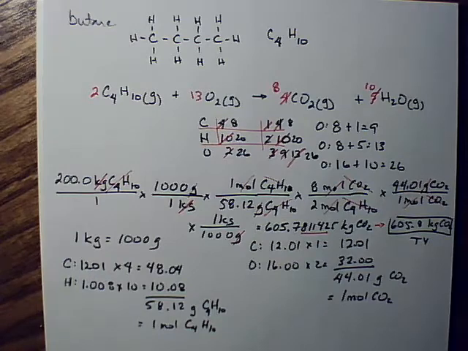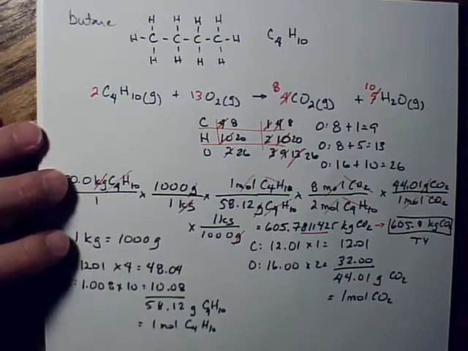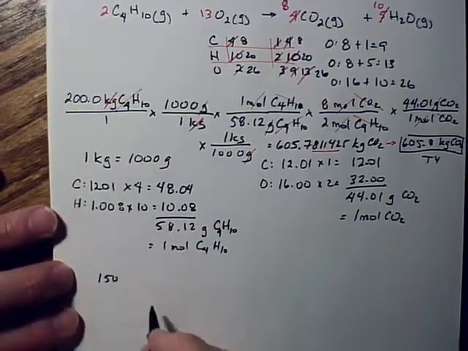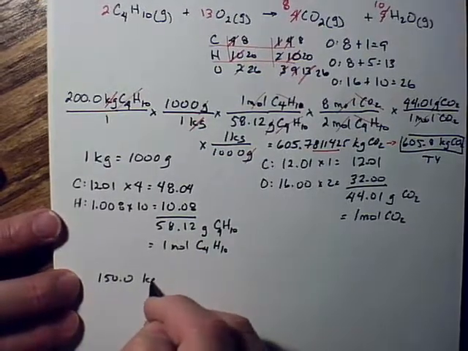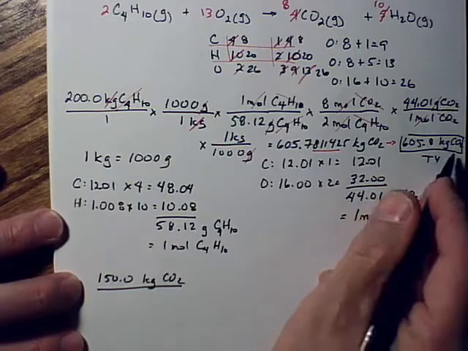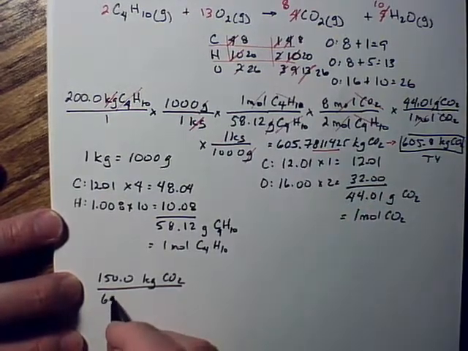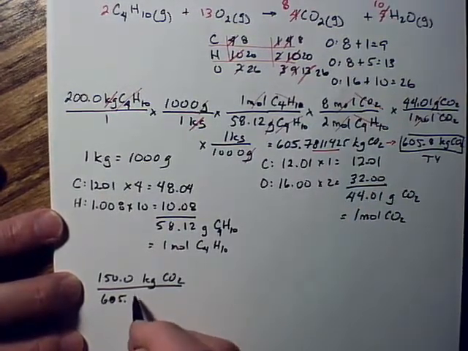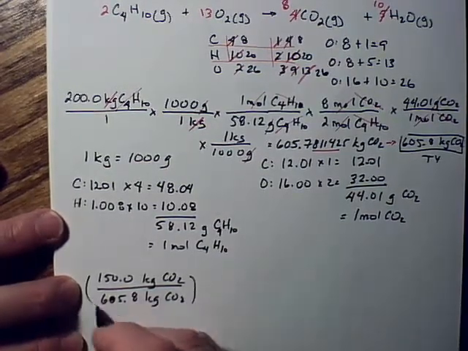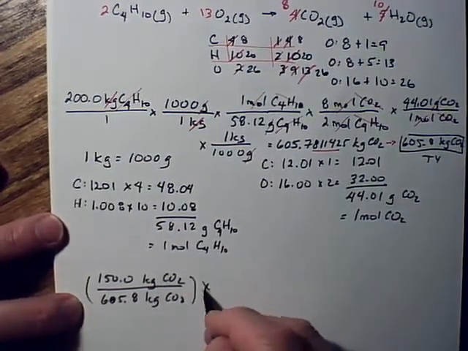We're going to find the percentage yield by taking the actual yield in the problem. I gave you 150.0 kilograms of carbon dioxide collected. So 150.0 kilograms of carbon dioxide, and put it over this theoretical yield, 605.8 kilograms of CO2. Do that division, multiply by 100.